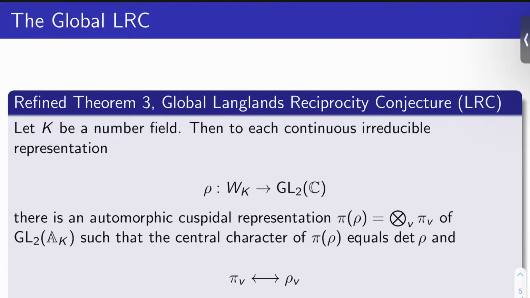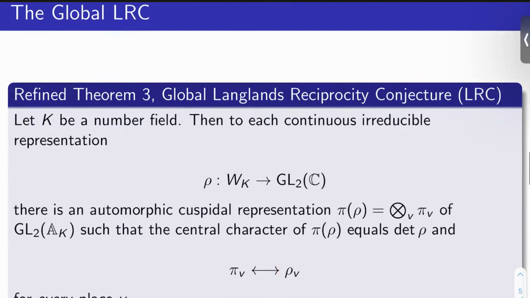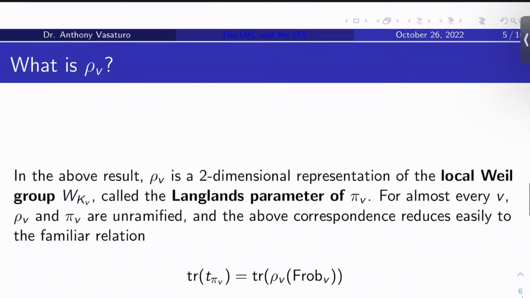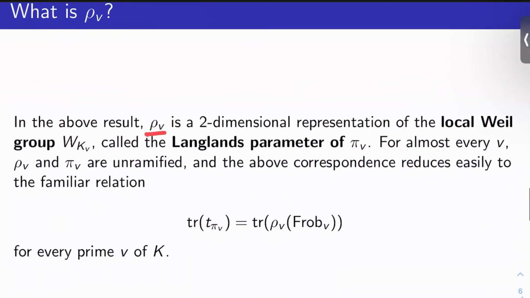And under this correspondence, pi_v will match up with rho_v. So what I mean by that is these pi_v's will match up to local representations rho_v attached to the representation rho. What are these rho_v's, by the way? Rho_v is a two-dimensional representation of what we call the local Weil group W_{K_v}. We often call this just the Langlands parameter of pi_v.